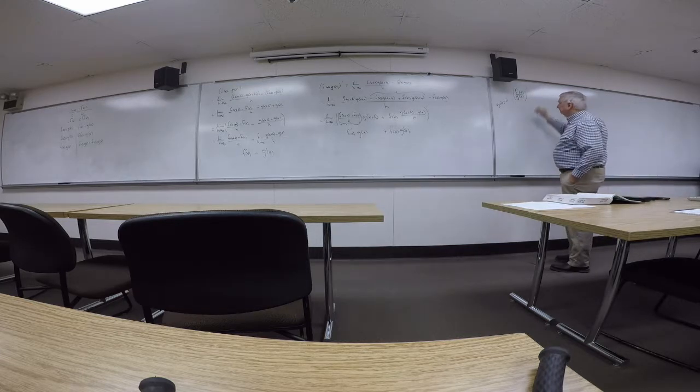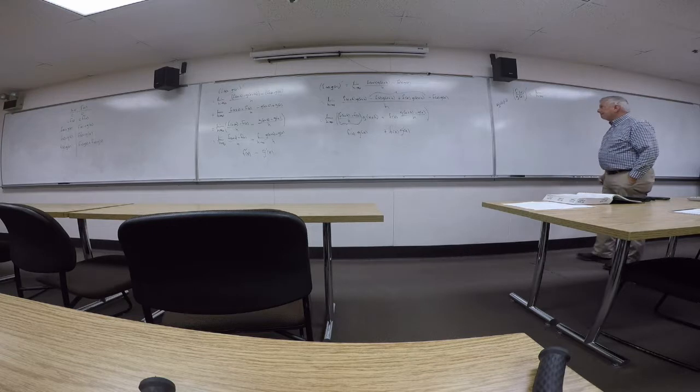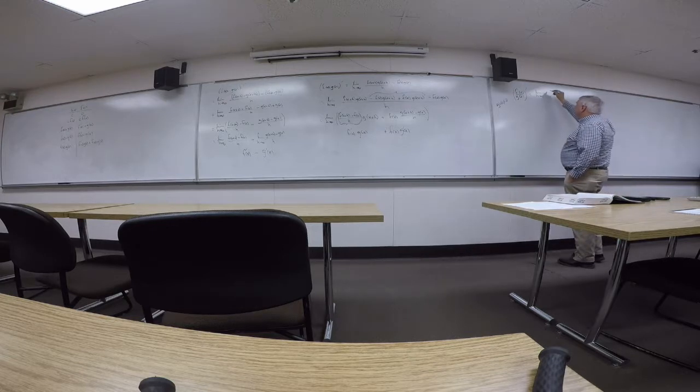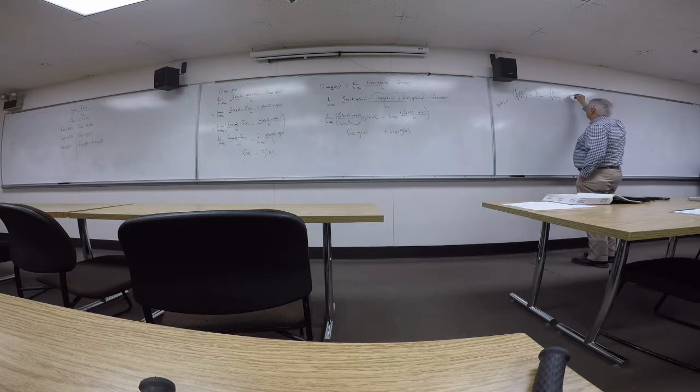Derivative of that. Limit as h approaches 0 of f of x plus h over g of x plus h, minus f of x over g of x, over h.